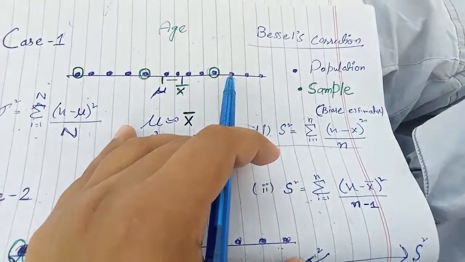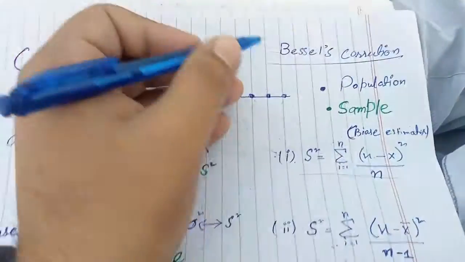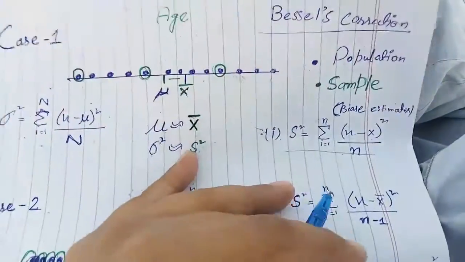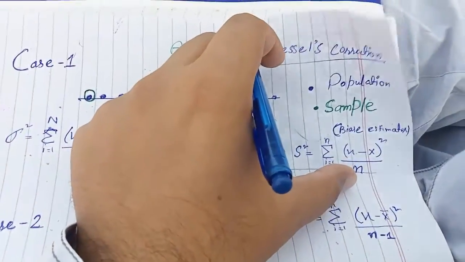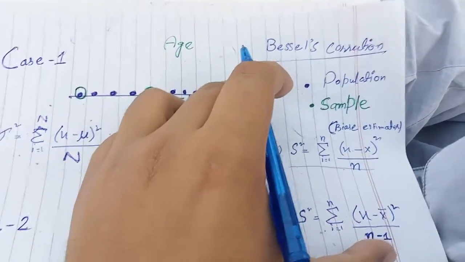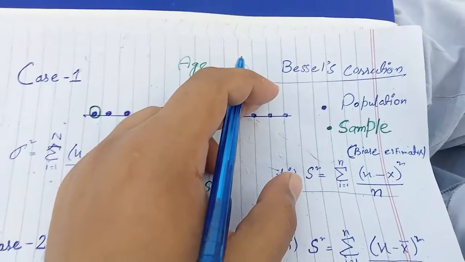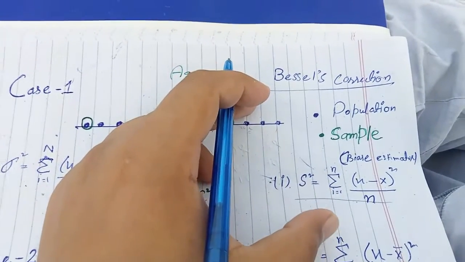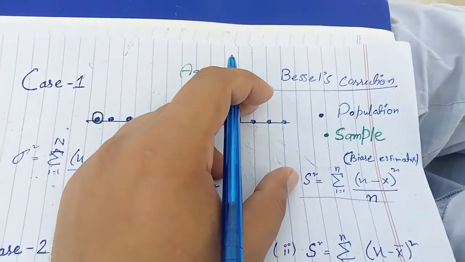To tackle this, Bessel correction divides not by just n, but by n minus 1. In mathematics, if you divide any number by a smaller number, the value will be bigger, right?